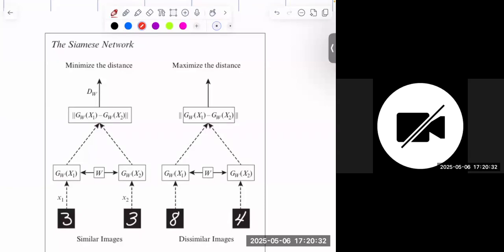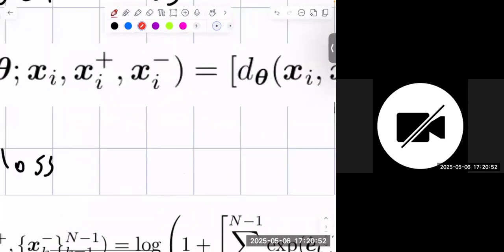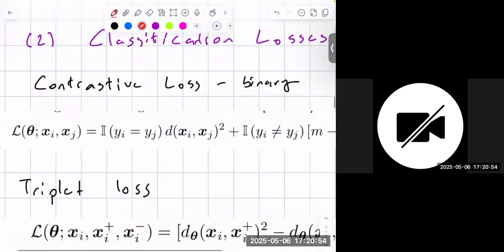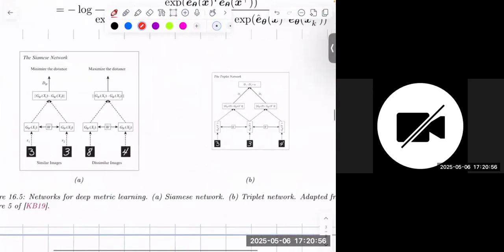You're using the same neural net to handle similar and dissimilar images at the same time. You're trying to train two neural nets of the same architecture with the loss function that you got. That's why it's called a Siamese structure.